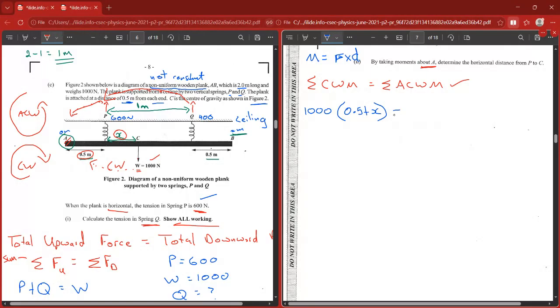So you put your equal sign and now you put the anti-clockwise moments. Now how far is P from A?